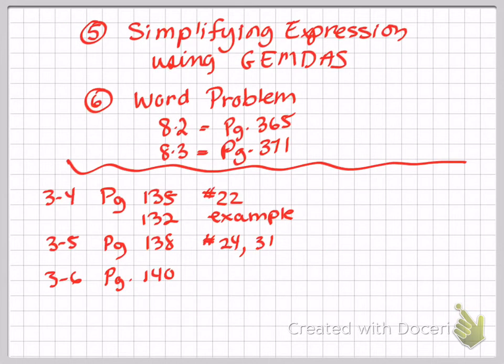So page 140 is any of the problems from number 7 through 24. I chose 11, 12, 17, 23, 19. I mean, any of those. You just got to know how to clear your fractions or decimals.